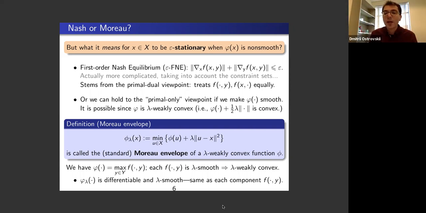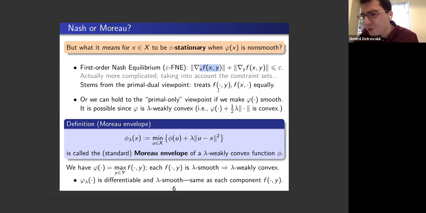So we can think about saying that the point xy is near first order stationary if the norm of the corresponding gradient anti-gradient vector is smaller than some epsilon.